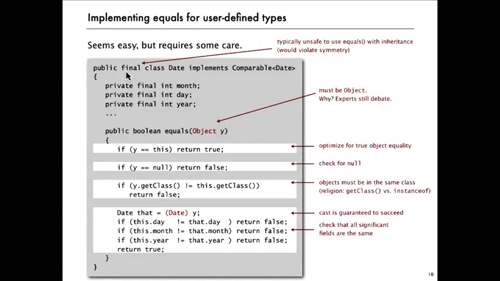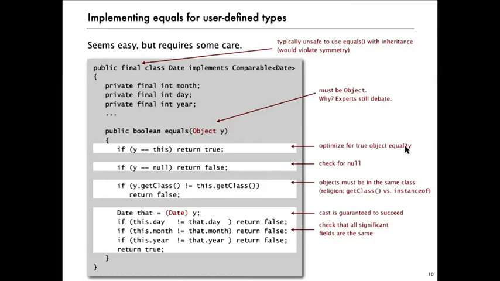You shouldn't use it in connection with inheritance, and we don't use inheritance that much, so I won't talk about that. The type of the argument in equals must be Object. You'd think it should be Date, and experts debate about that, and people who are interested can look on the web for that. If you happen to be testing two objects that are the same object for equality, you might as well optimize and just test that.